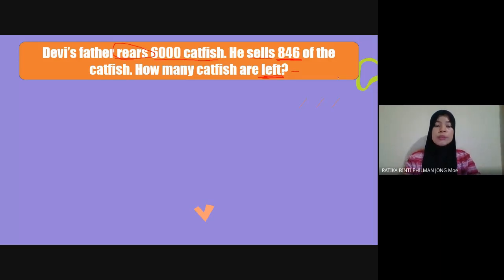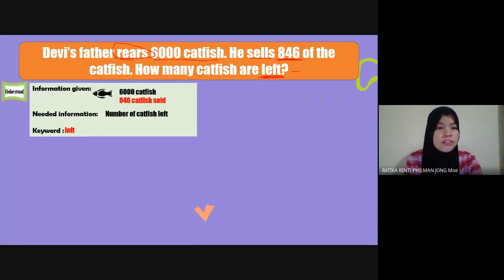Kita dah buat pun step yang pertama. Understand, kita dah baca, kita dah keluarkan informasi-informasi yang diperlukan. Okay, kita dah tahu kata kuncinya. We have done this part. We know the information given, 6,000 catfish and 846 catfish sold. We know what is needed from us.